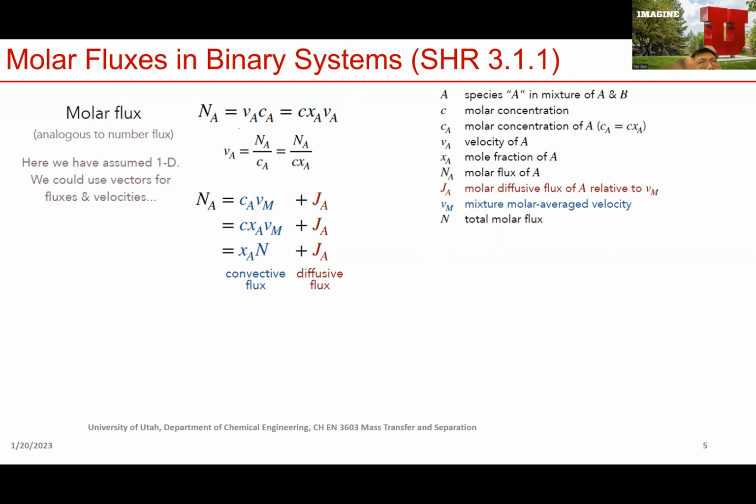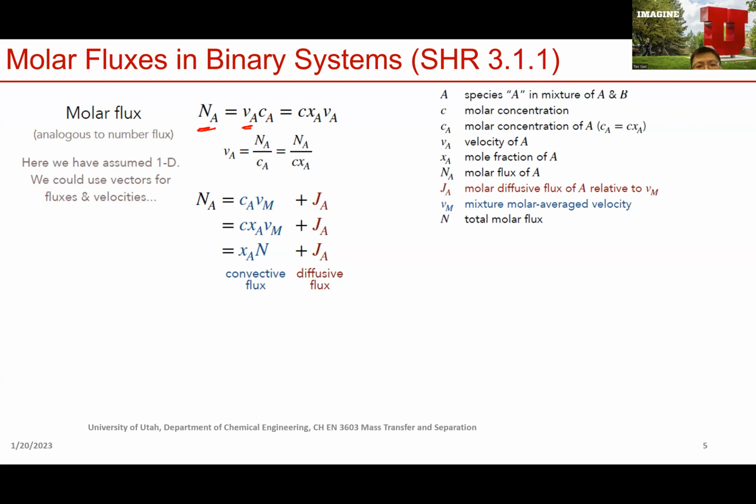In the previous example, we have a mixing problem of two species A and B, and we know that there's a flux of species A moving from left to right. And how do we describe that molar flux? So here, the molar flux of species A can be computed, if we know its velocity, right? We can just multiply its velocity with its concentration, okay?